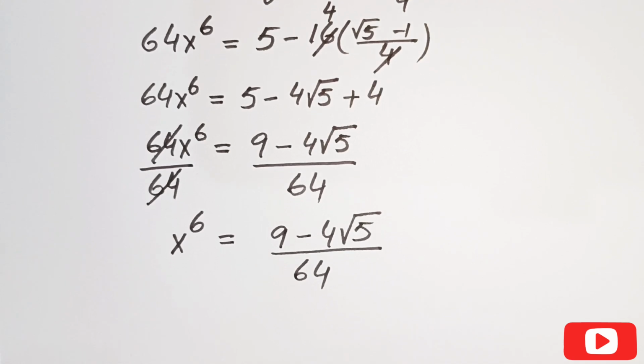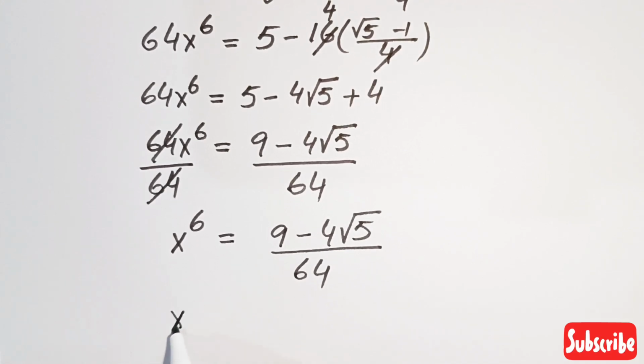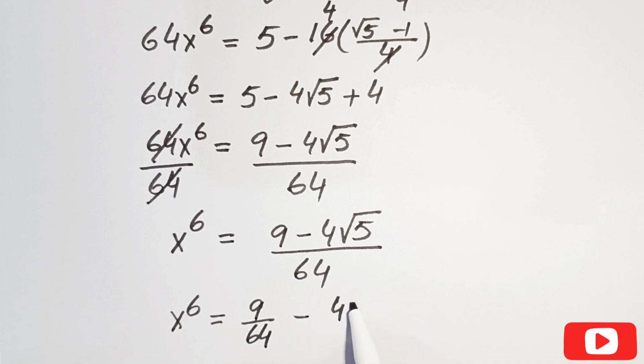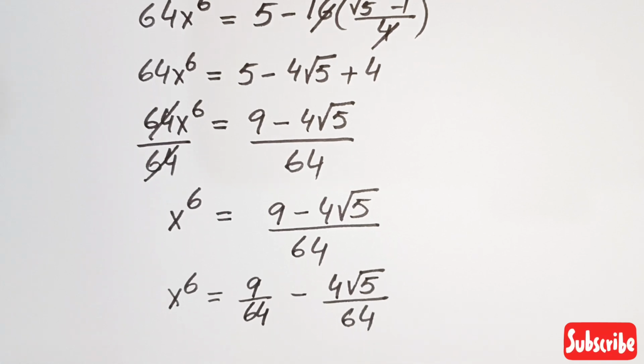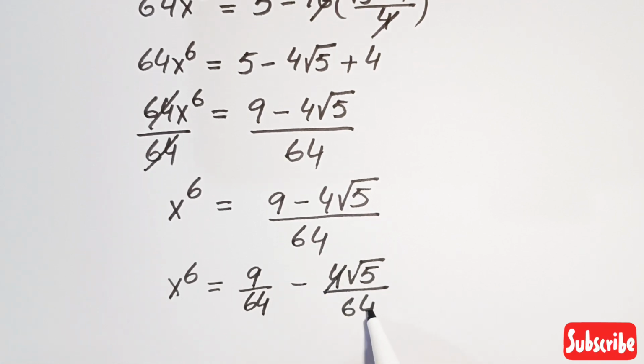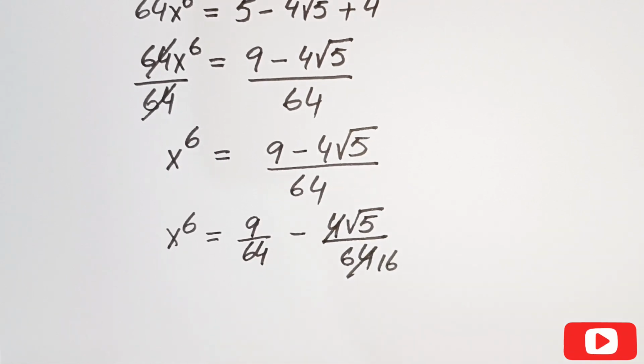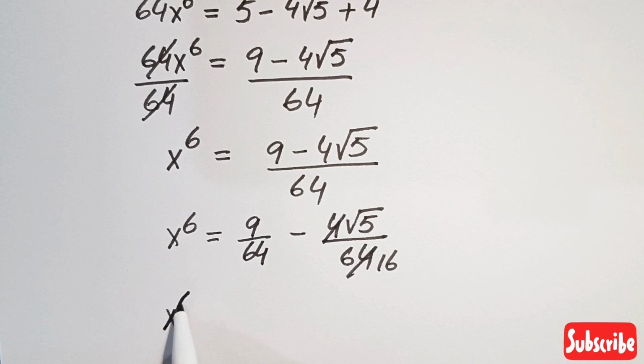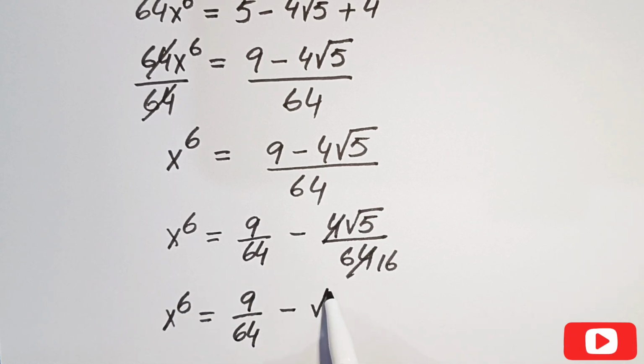So now if we write x to the power 6 is equal to 9 over 64, and here 4 square root of 5 over 64. So now 4 times 1 is 4 and 4 times 16 is 64. So x to the power 6 is equal to 9 over 64 minus square root of 5 over 16. So it is the value of x to the power 6 here.